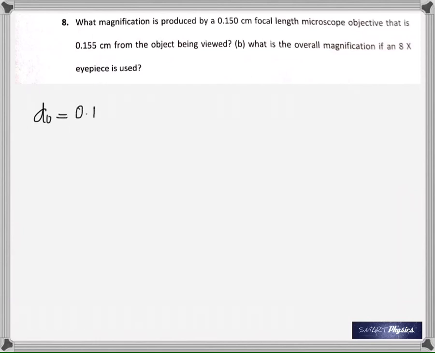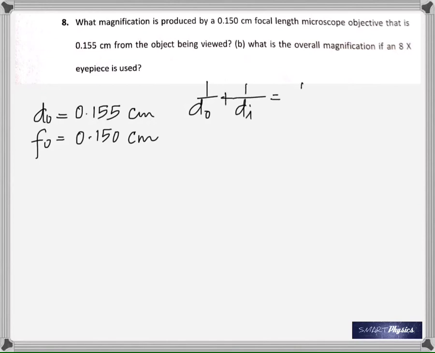So DO is 0.155 centimeter, F0 is 0.150 centimeter. The aim is to find DI. Use the lens equation. It is a convex lens, so the focal length is going to be positive.